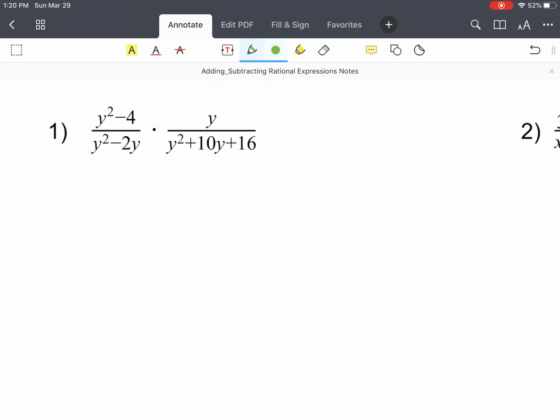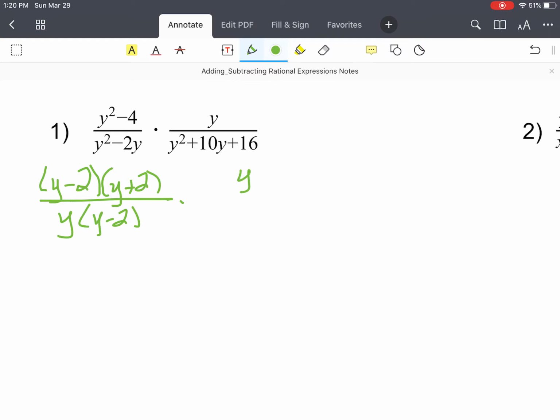So we're going to say y minus 2 times y plus 2 over y times y minus 2, times y over, okay, factors of 16 that add to be 10. That should be 8 and 2. So we have y plus 2 and y plus 8.